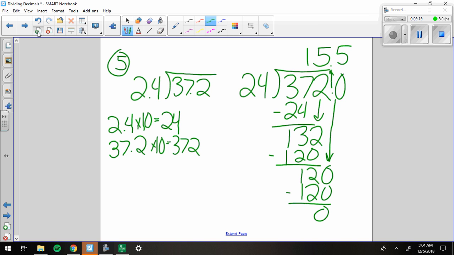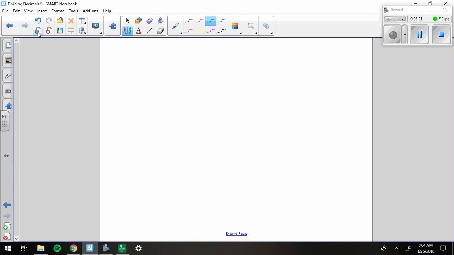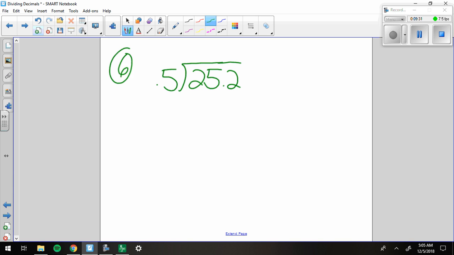Let's look at 6. Again, I have to multiply by 10 in order to get my divisor into a whole number.